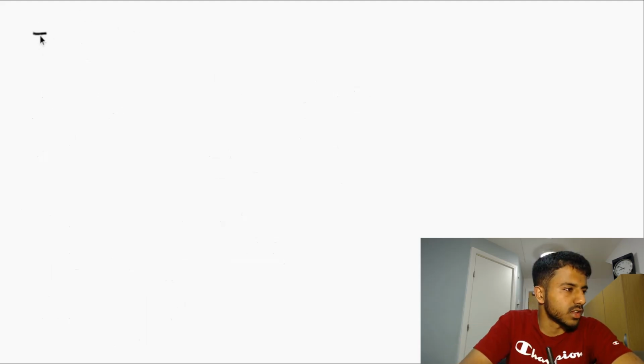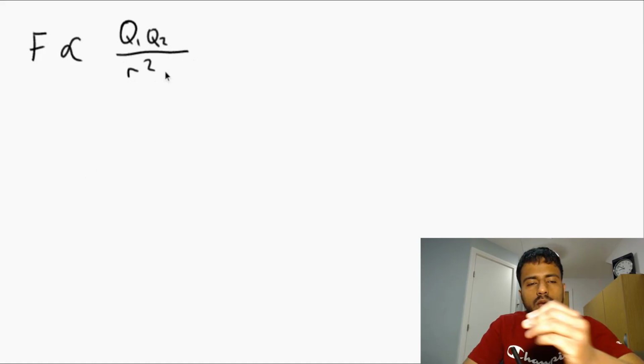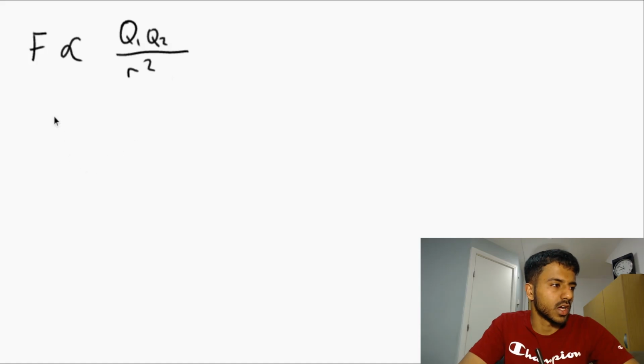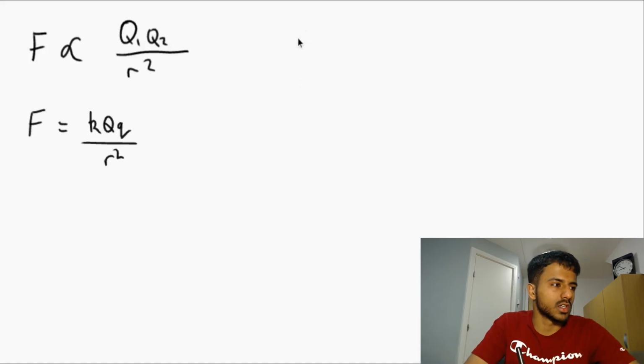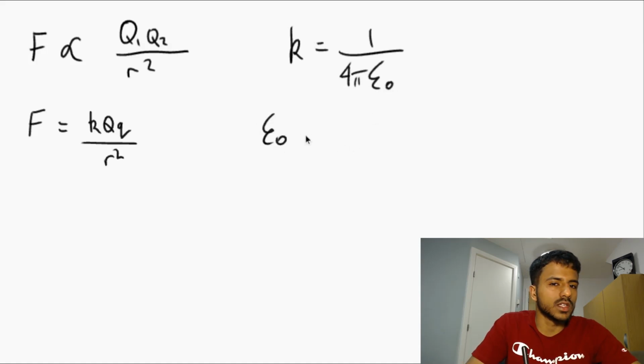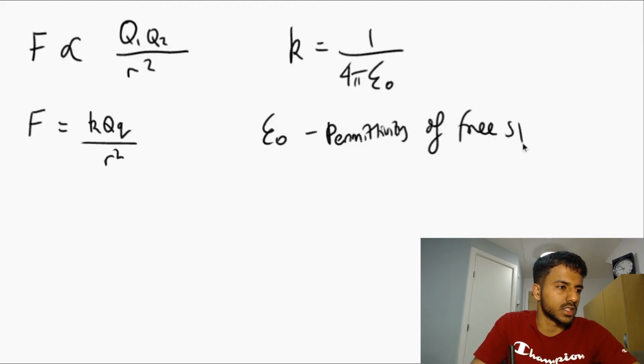So we could therefore say that the force is directly proportional to the product of two charges over the distance squared. And we can change any proportional sign into an equal sign by simply adding a constant. For Coulomb's law, the constant is equal to 1 over 4 pi epsilon naught, where epsilon naught is the permittivity of free space.